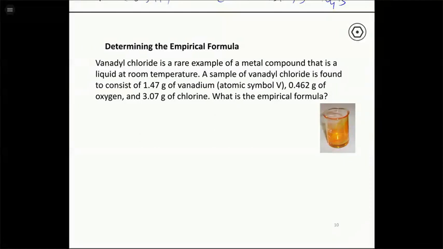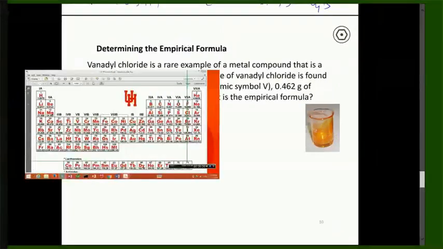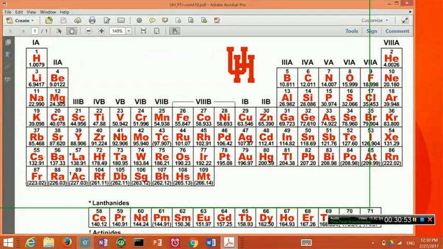So the first thing we always have to do in these types of problems is convert all of the masses into moles. So for each element, we're going to find the number of moles. So for vanadium, there's 1.47 grams. And then we want to convert into moles, so we have to divide by the molar mass, or the atomic mass, for vanadium, which is here on the periodic table, 50.94.